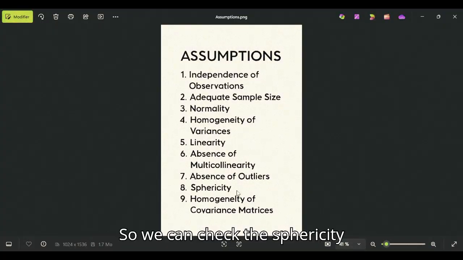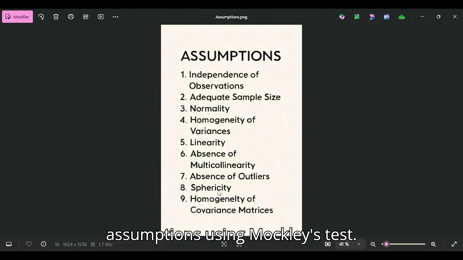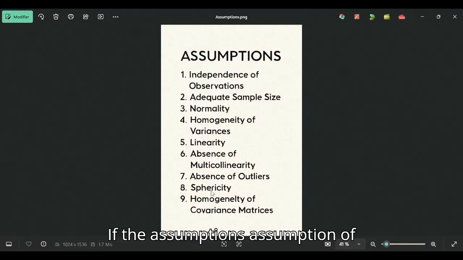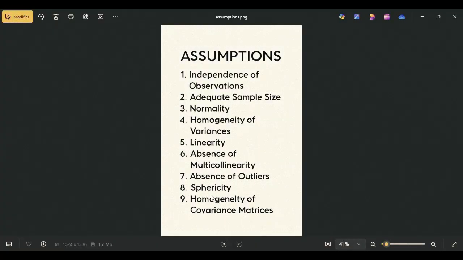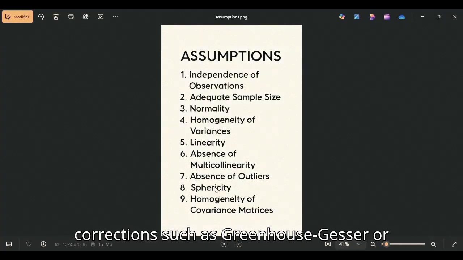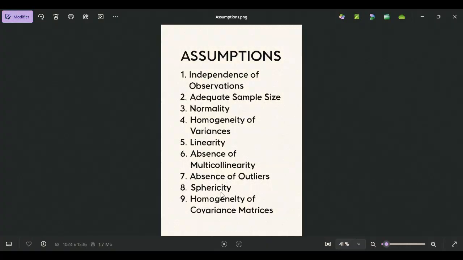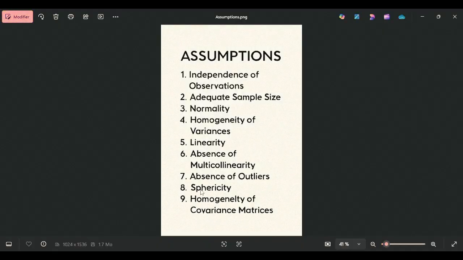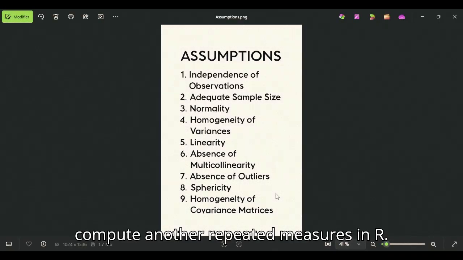We can check the sphericity assumption using Mauchly's test. If the assumption of sphericity is violated, for example when we have a significant p-value, corrections such as Greenhouse-Geisser or Huynh-Feldt should be applied. It's applied automatically when we compute the repeated measures ANOVA in R.